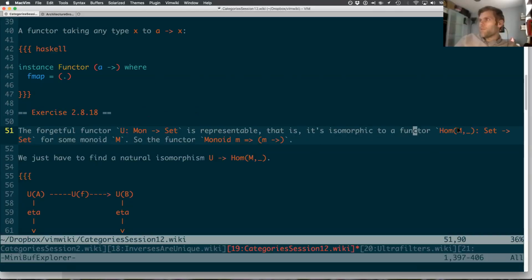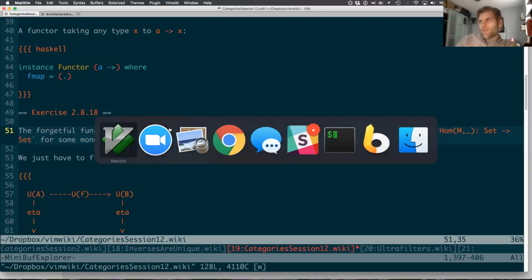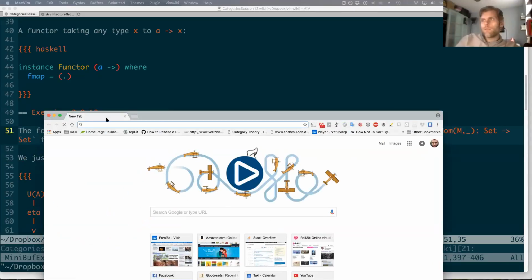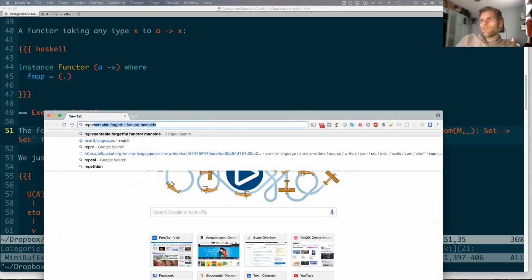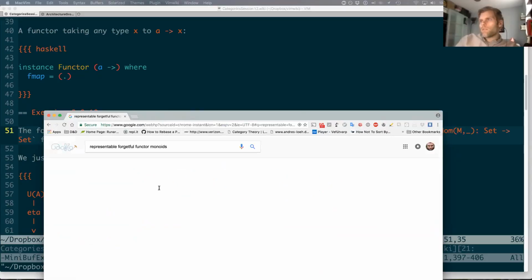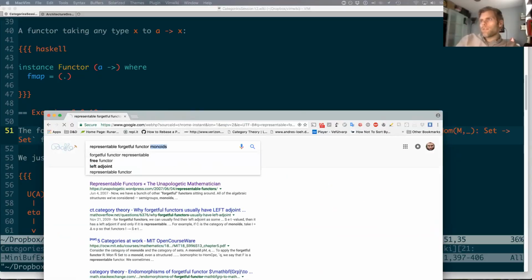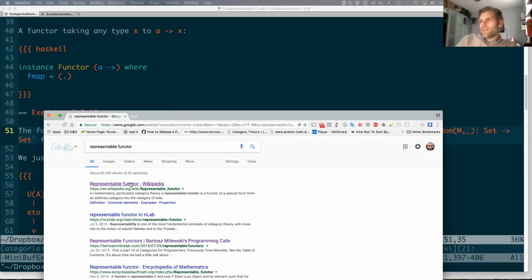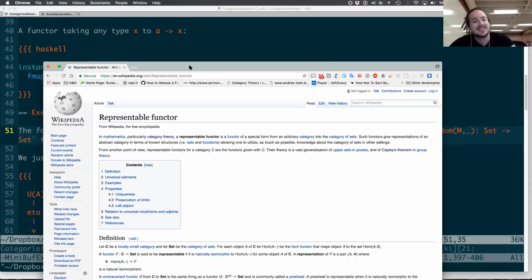functors from hom of something to F, right? So if we study Yoneda's lemma, then we'll see that looks very similar. In fact, if we go to representable functors on Wikipedia, you can see that I've been studying this. I've got a lot of similar searches trying to answer that last question.